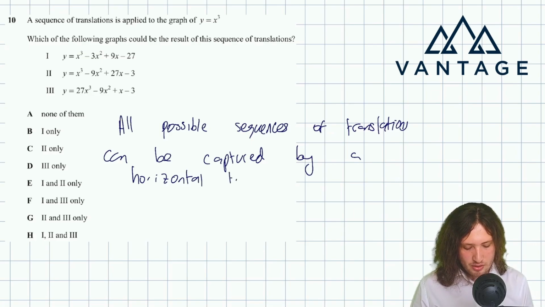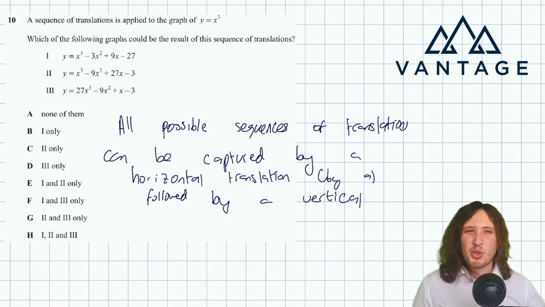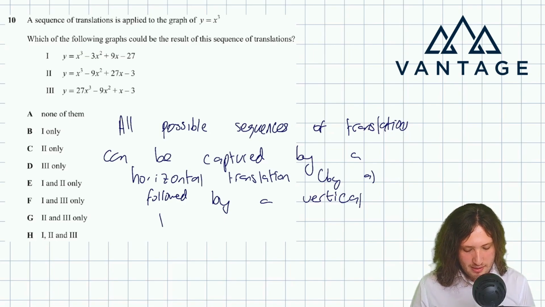So a horizontal translation, let's say by A, followed by a vertical translation, which captures the total of all the vertical translations you otherwise would have done. So we don't need to worry about the order. Let's say the vertical translation is by B.